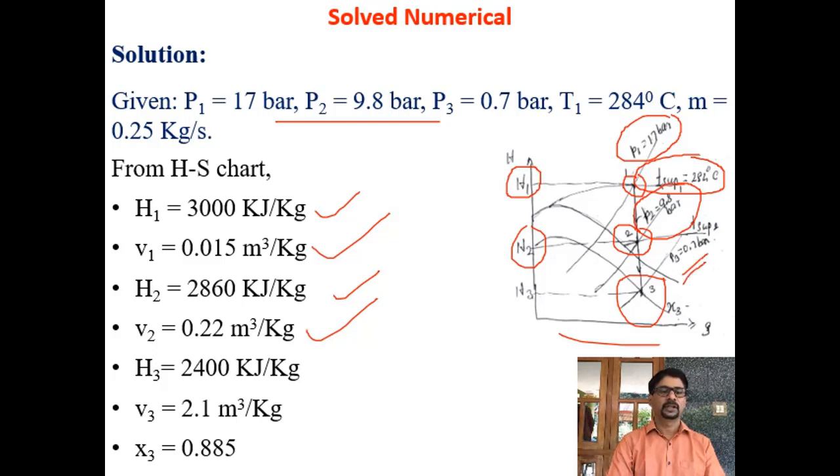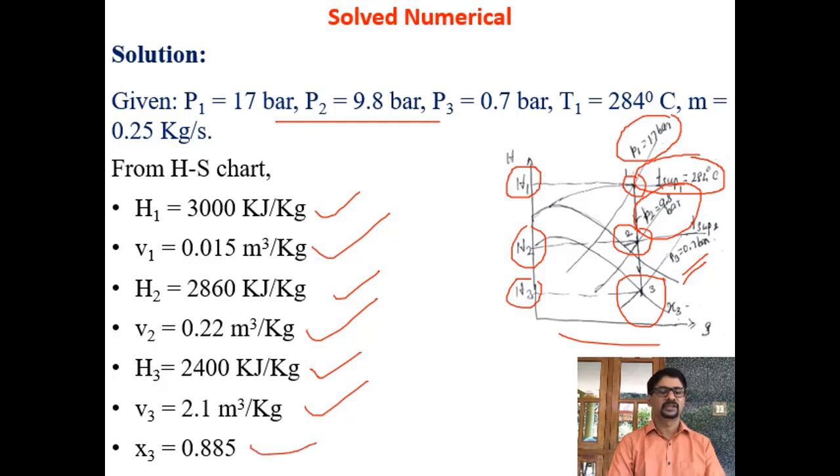At this pressure H3 is 2400 kilojoules per kg, which you note down from the Mollier chart, and v3 is 2.1 meter cube per kg. You can see further increase in the specific volume from 0.22 at section 2 to 2.1 at section 3.